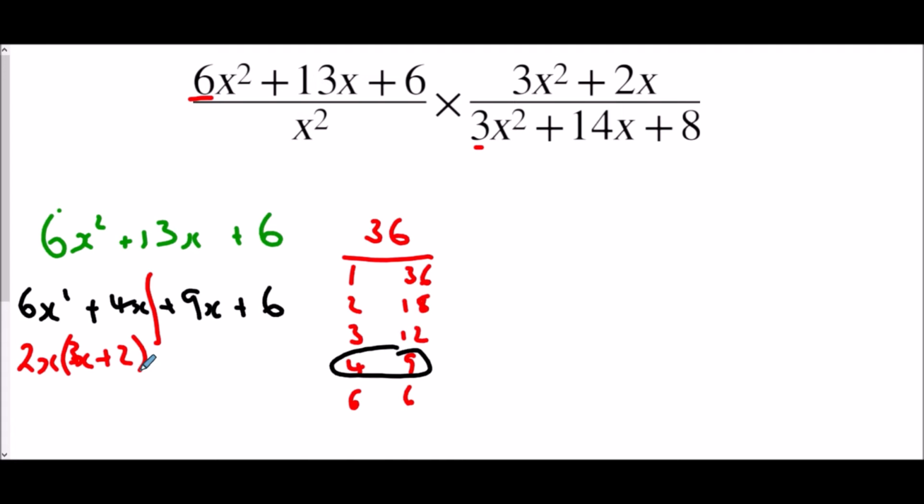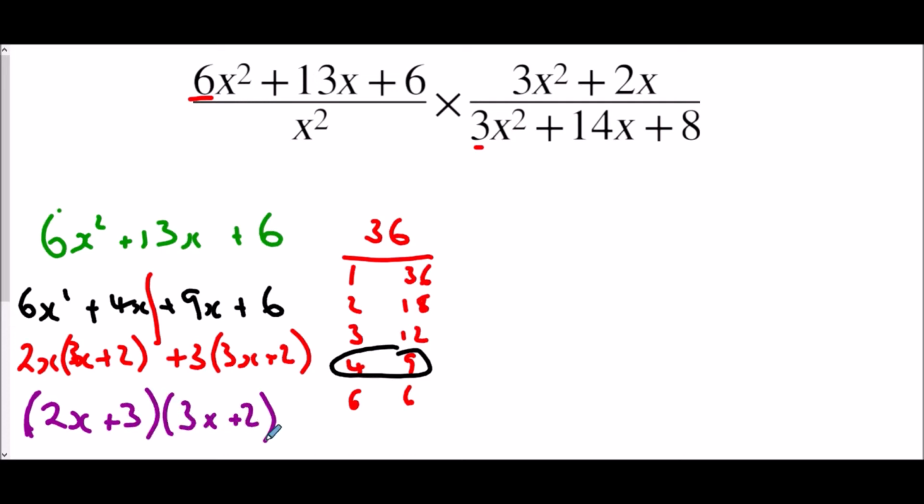And the second piece, well, that's going to be a factor of 3. So plus 3 brackets 3x plus 2. And let's bring them back together. And so this would be (2x + 3)(3x + 2). So that is the top of my first fraction factorised.